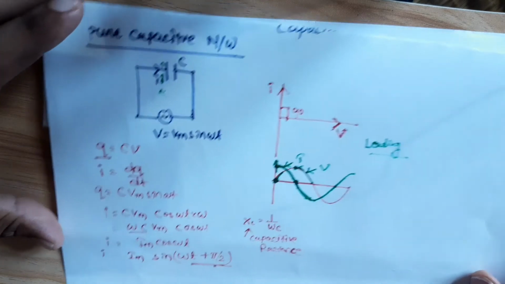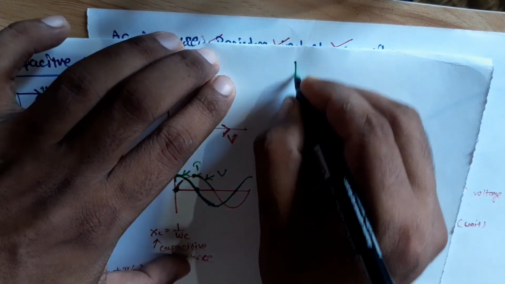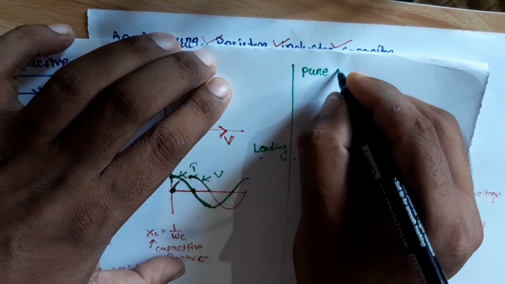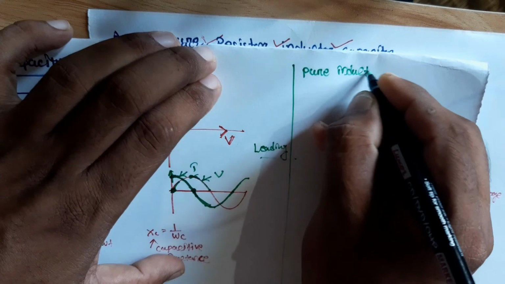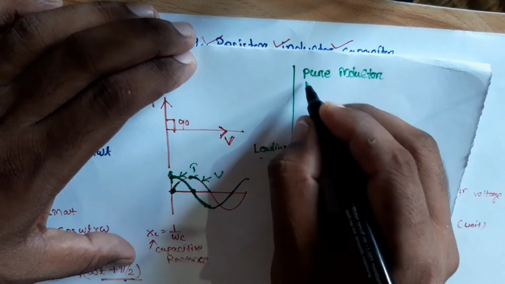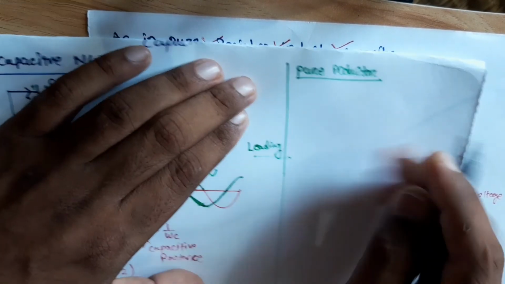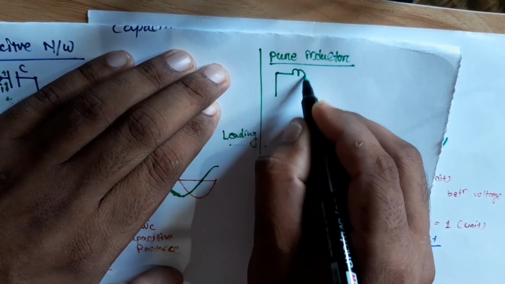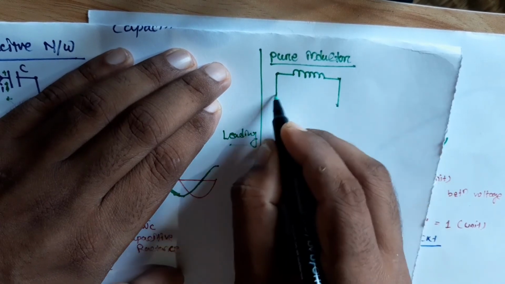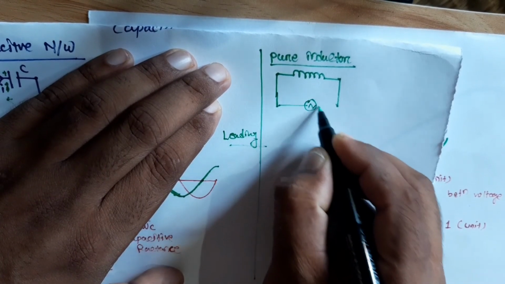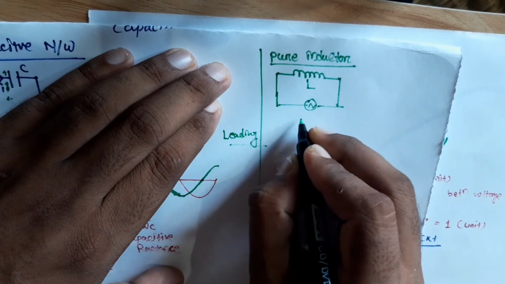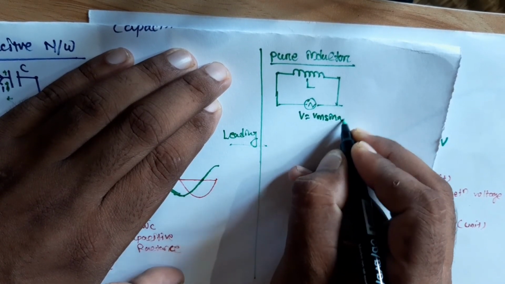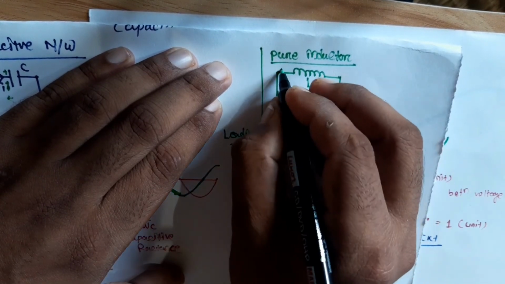Next we go to the case of a pure inductor. Let this be the inductor network, this is the L. Here V equals Vm sin omega t, and the current is like that.